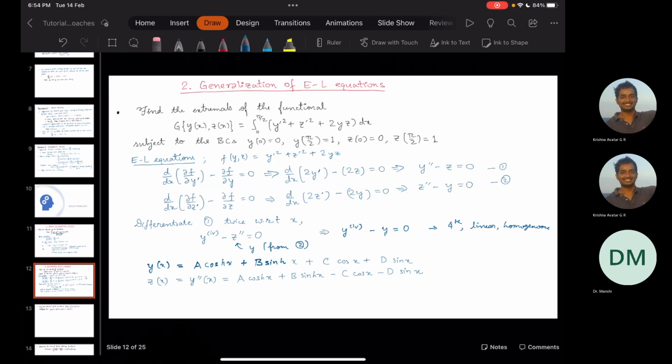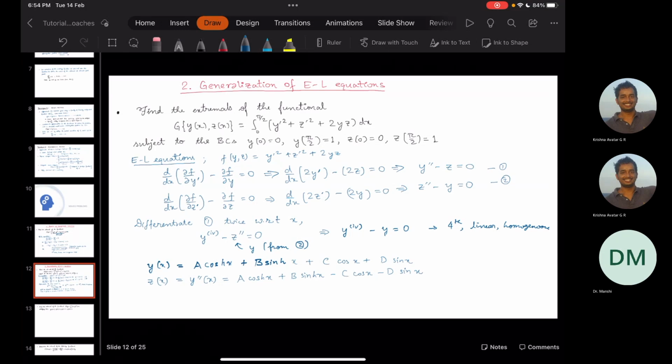Now, what we can conclude after having a look at the boundary conditions is that the boundary conditions for y and z happen to be the same. So what do we conclude here?